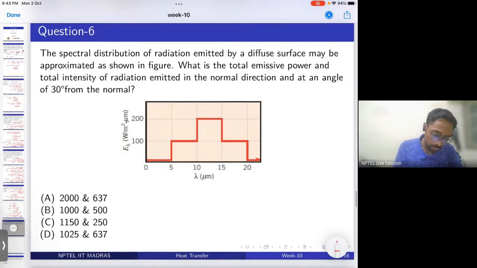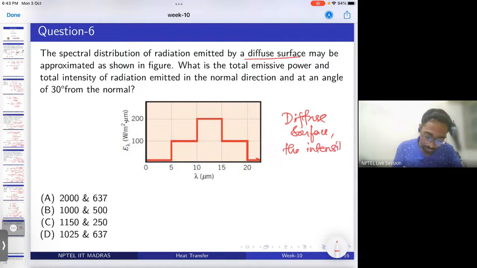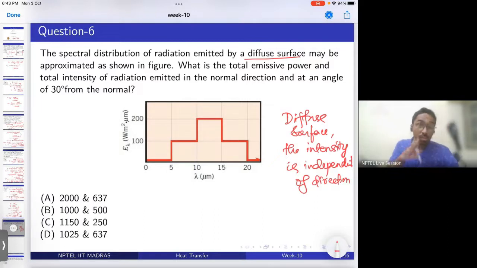So first one we need to catch is the diffuse surface. So for a diffuse surface, the intensity is independent of direction. So the intensity of radiation will be the same in all directions for a diffuse surface.